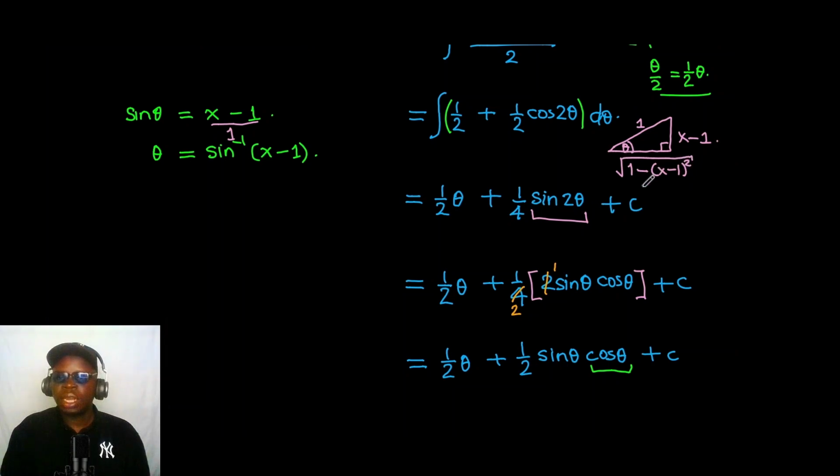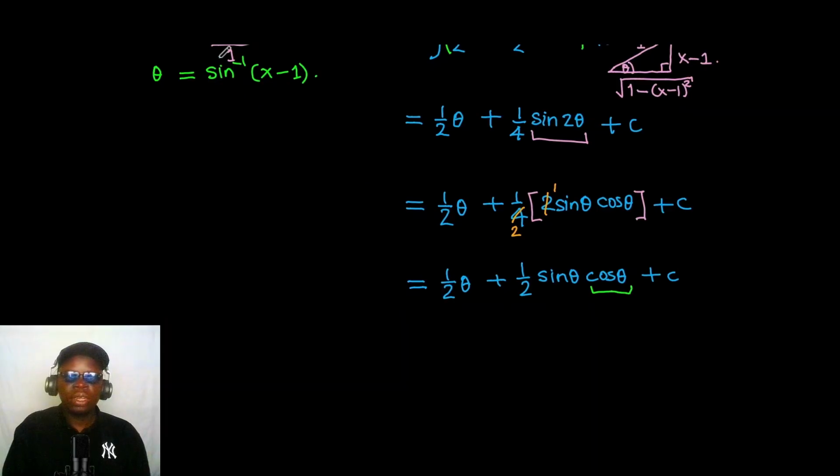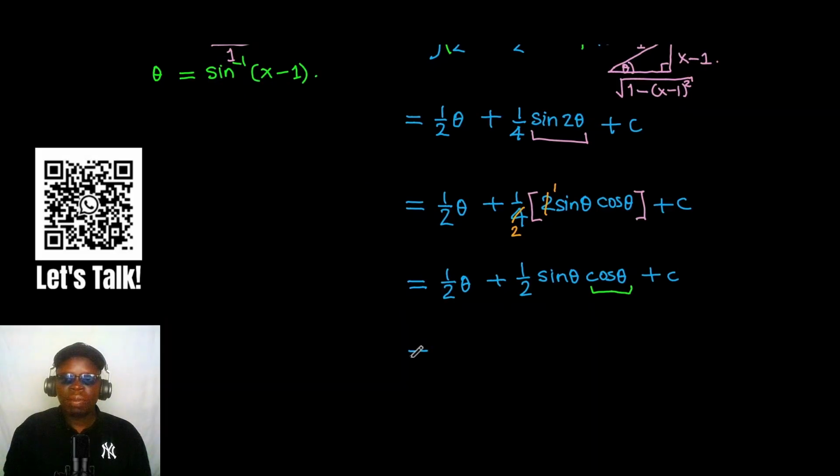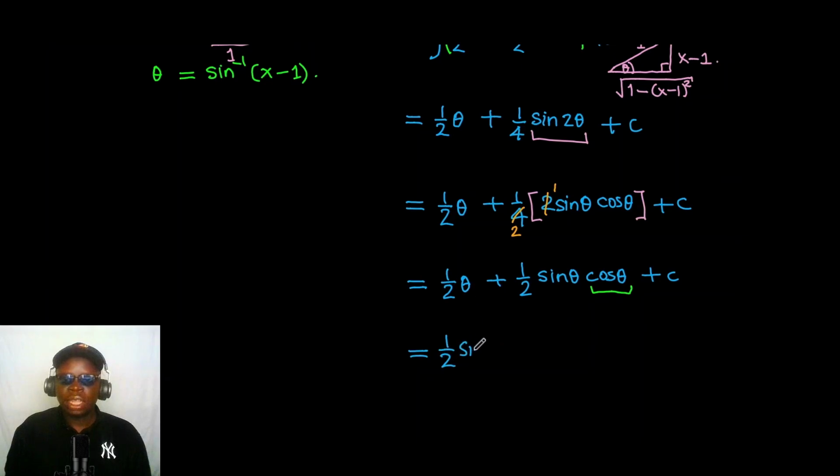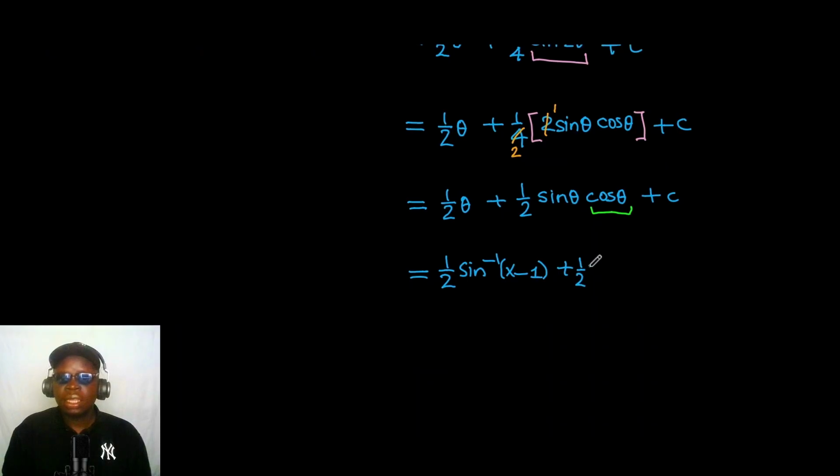Because of that, we're going to replace this by that. Of course, sine theta is already what we have there. Now we can make our substitution: instead of theta we have sine inverse of x minus 1, and we're adding this to 1/2 times sine theta, which is the same as x minus 1, and this one is the same as the square root of 1 minus the bracket x minus 1 squared, plus our constant here.